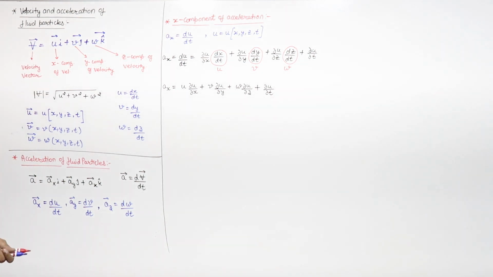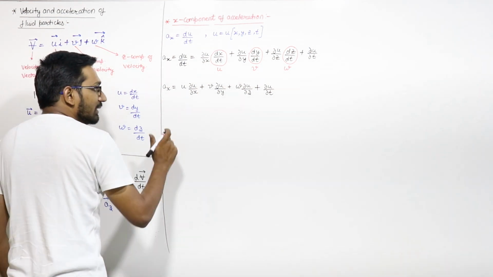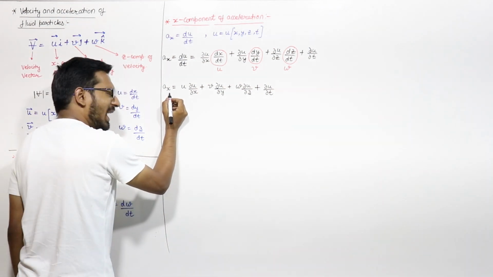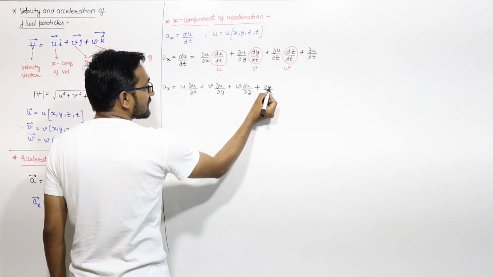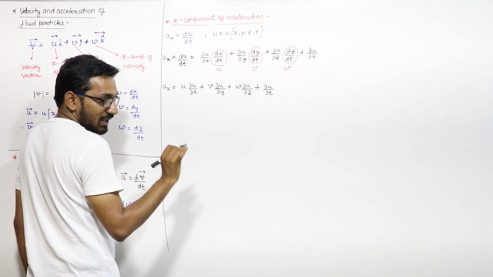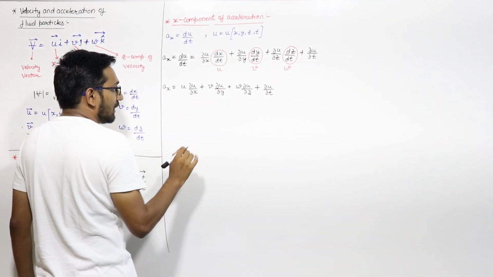This is the x component of acceleration. Just remember one thing: if you have to find the x component, then inside, every component is u, the x component of velocity.